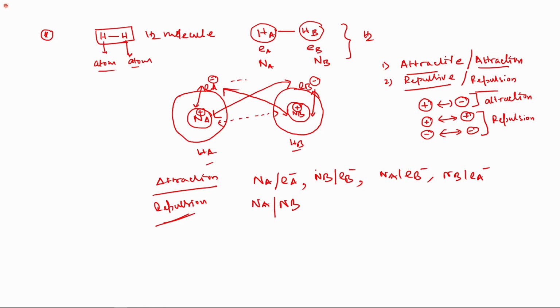Another repulsion is between these two electrons, electrons A and electrons B. Electrons are negatively charged, so when these two negatively charged particles come towards each other, there is repulsion. Similarly for the nuclei, because the nucleus is positively charged, these are repulsive forces. So in a hydrogen molecule there is repulsion and attraction. Four attractive forces are present and two repulsive forces are present.